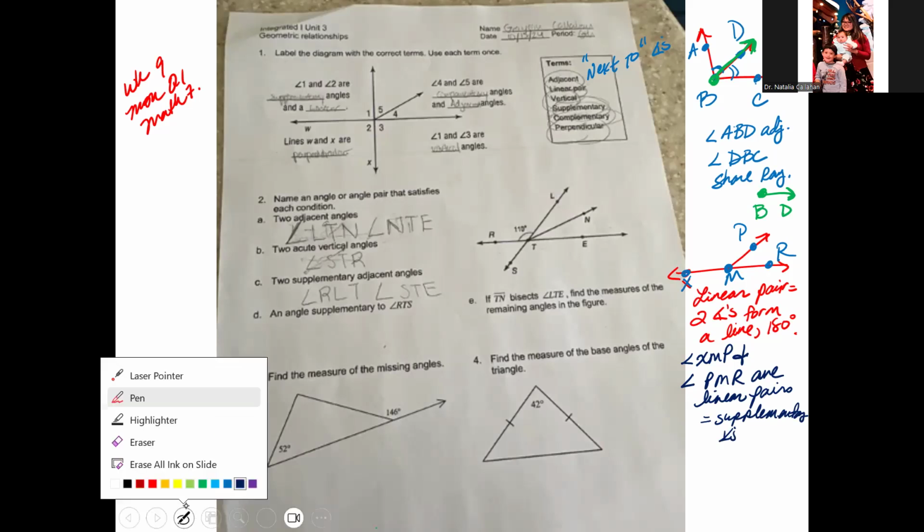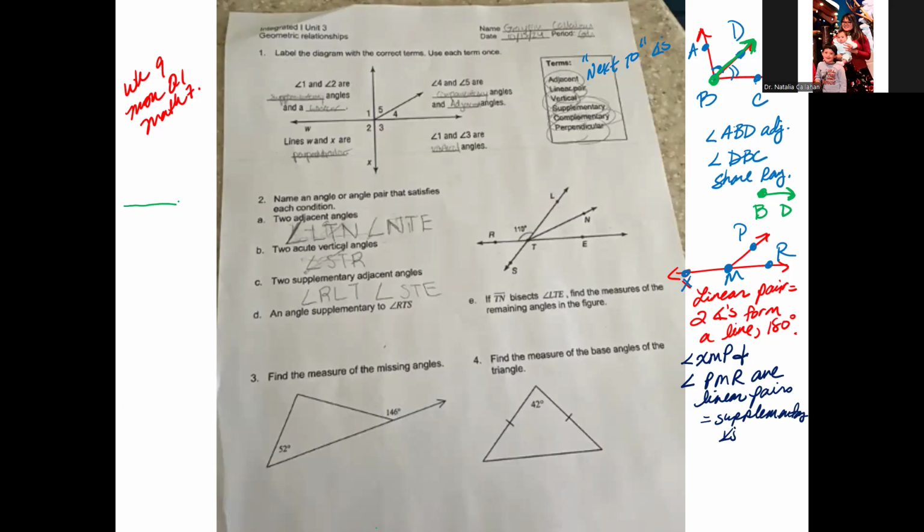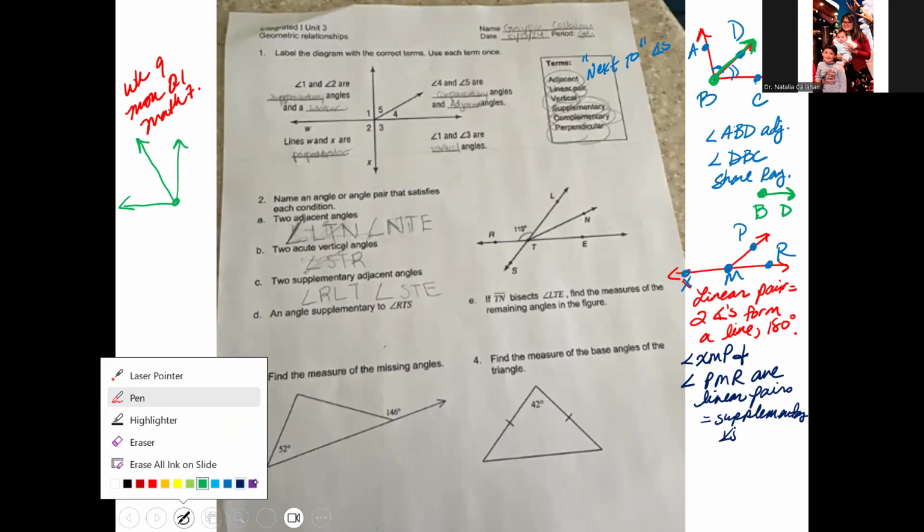Complementary angles are two angles that add up to what? Do you remember? What does this little purple symbol mean? Right, right angle. So this is A, D, M, K. We could say that angles D, A, M is complementary to, what's the other angle?